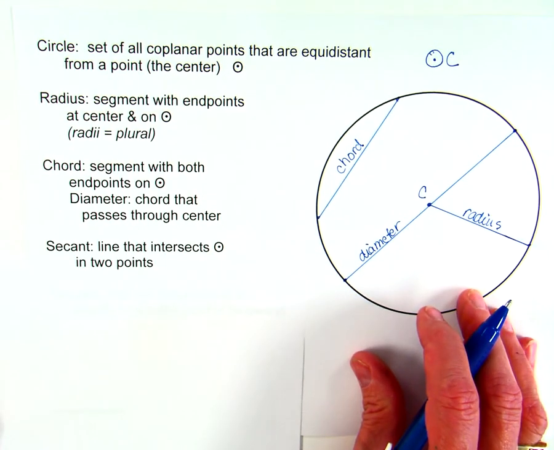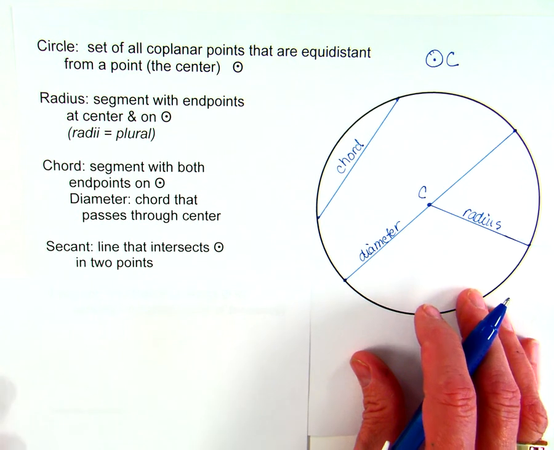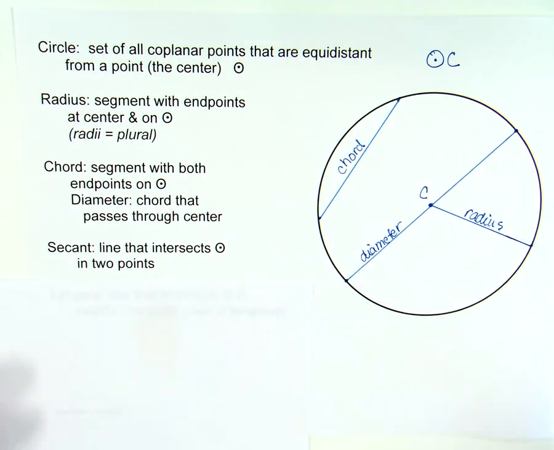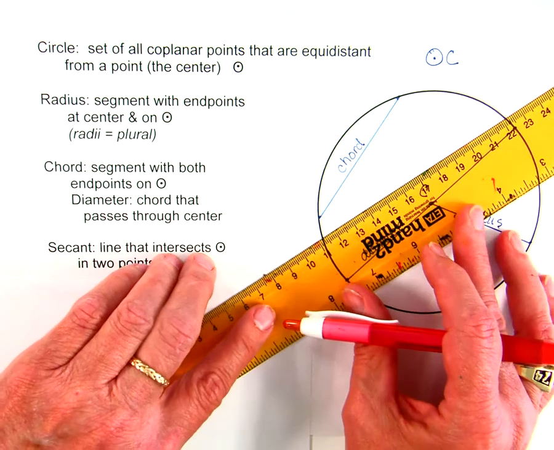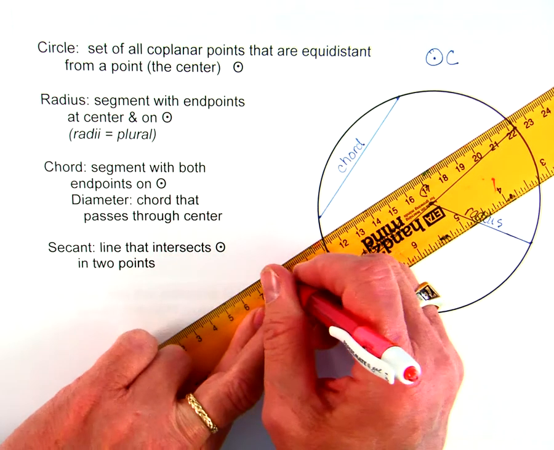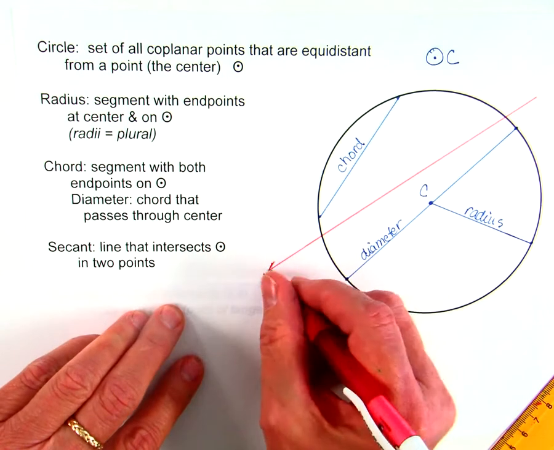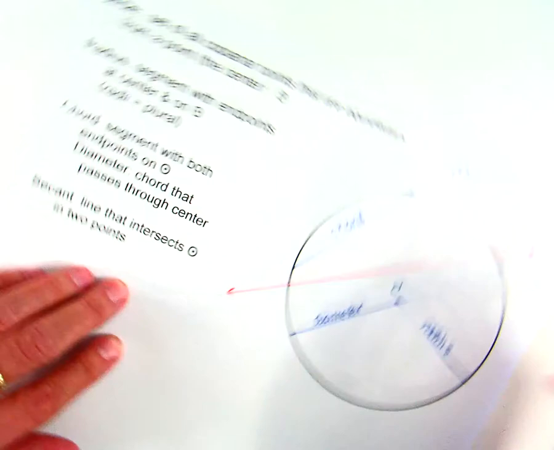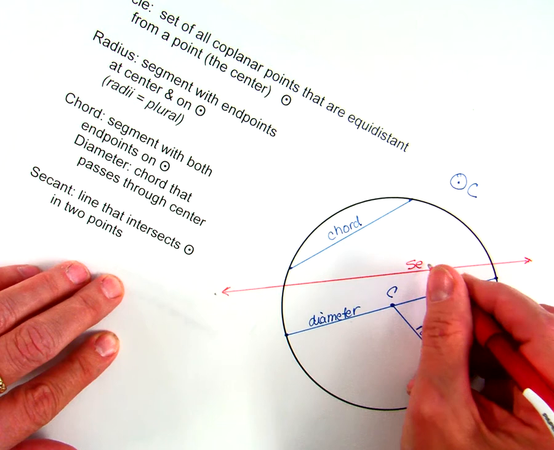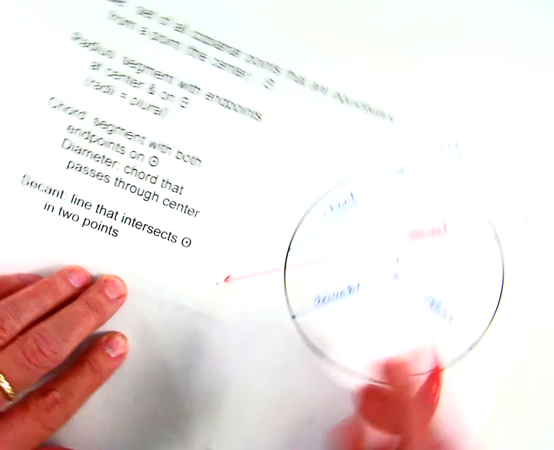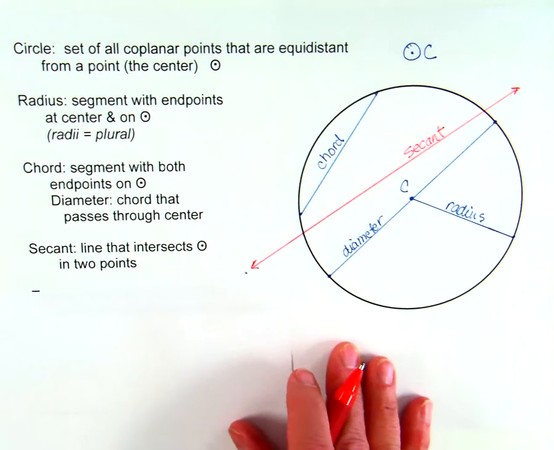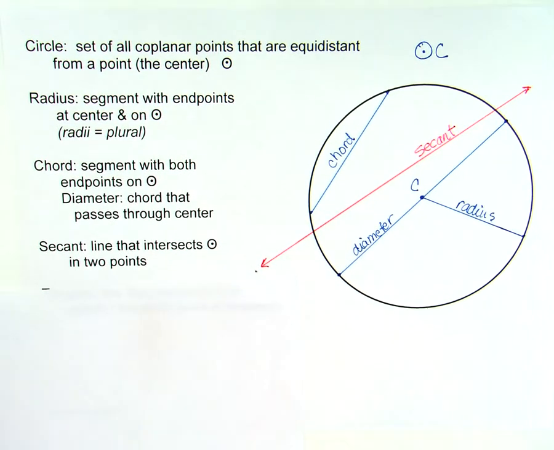A term that you've probably not heard is a secant. A secant is a line that intersects the circle in two points. That would look like this. A secant. A chord is a part of a secant. It's a segment within the secant.